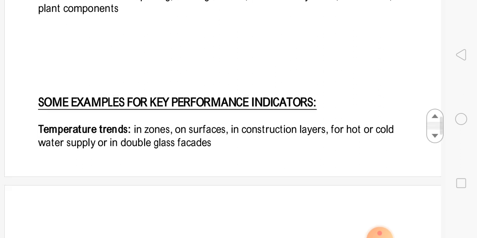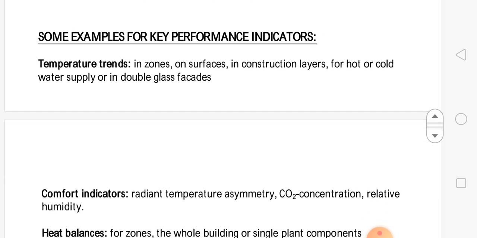So for that, there are some key performance indicators for how we analyze the performance of building. There are indicators like temperature trends in zones or surfaces, in construction layers, or hot or cold water supply, or in double glass facades.